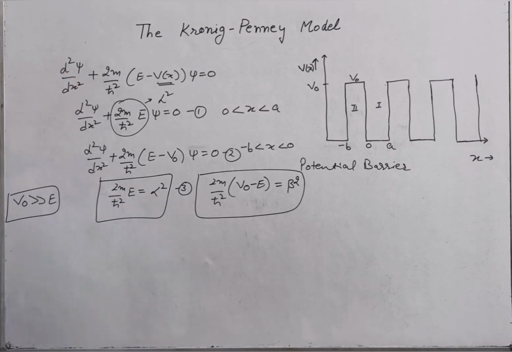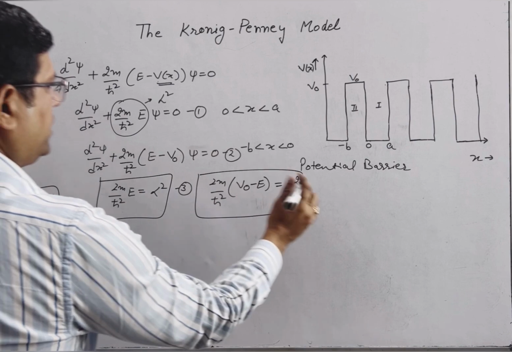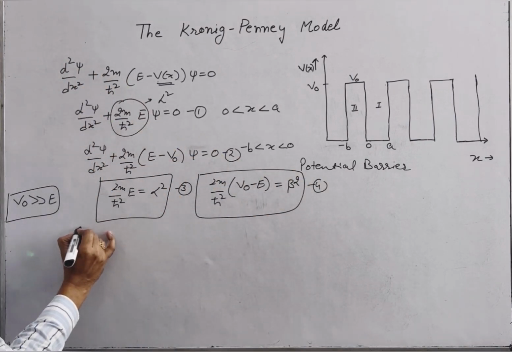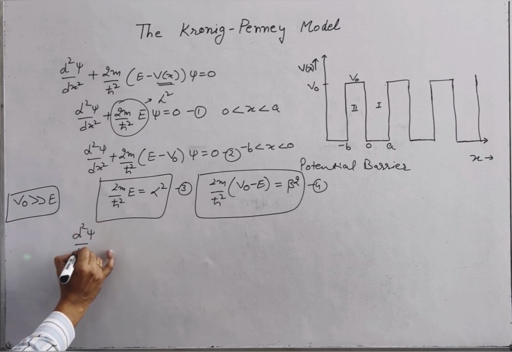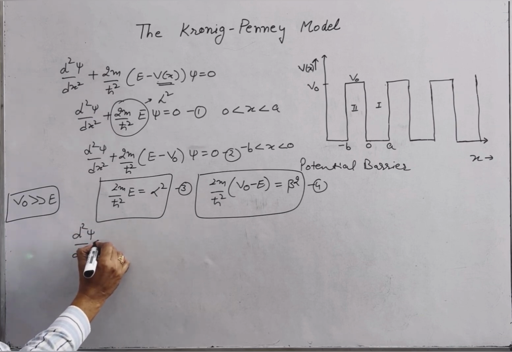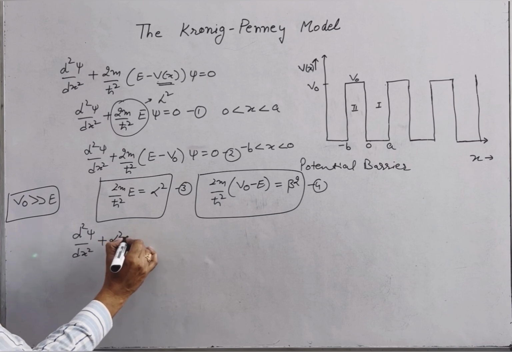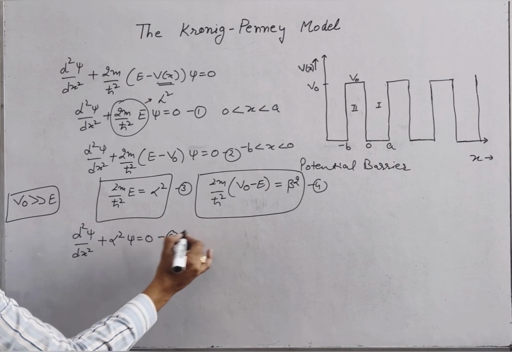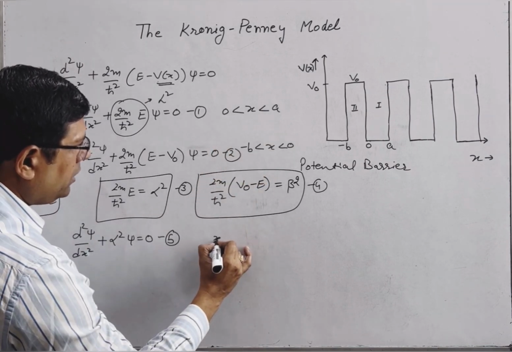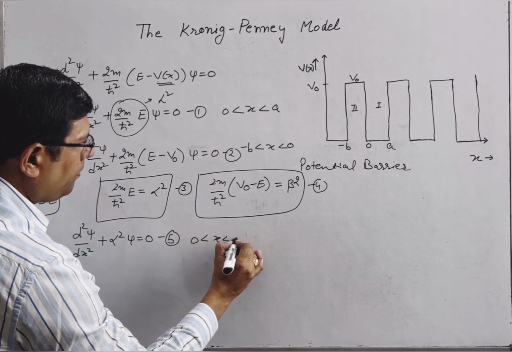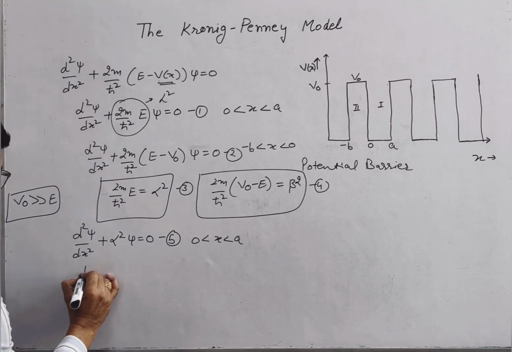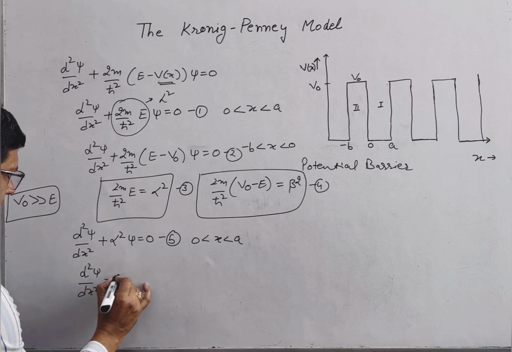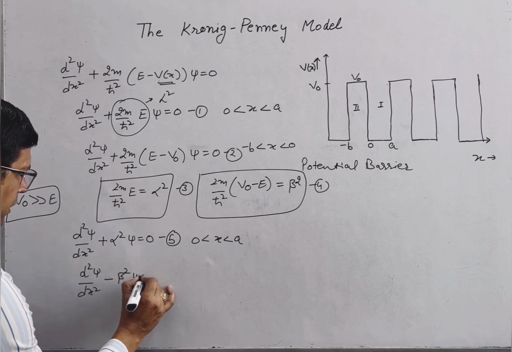Now, these two equations will become: equation number 1 becomes d2 psi upon dx square plus alpha square psi equal to 0. This is equation number 5 and this is for region x lying between 0 to A. And d2 psi upon dx square minus beta square psi equal to 0.